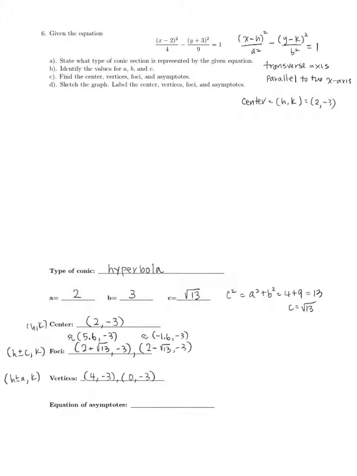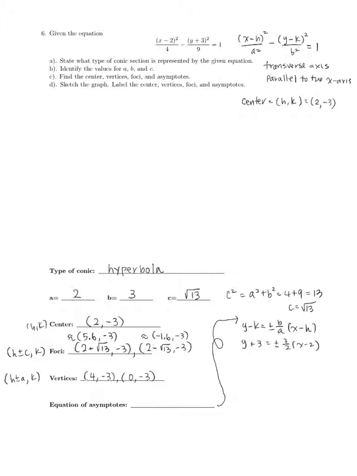The equation is going to be y minus k equals plus or minus b over a times (x minus h). So we're going to have y plus 3 equals plus or minus 3 over 2 times (x minus 2).